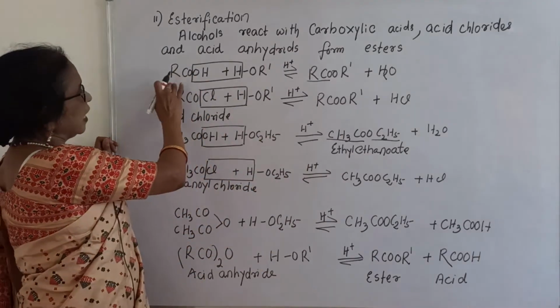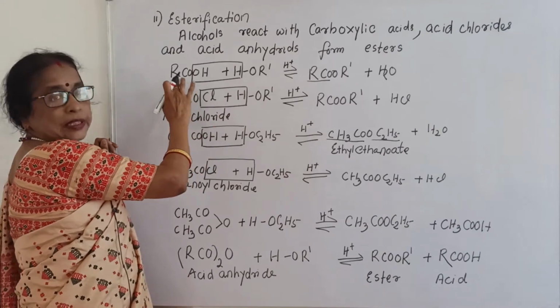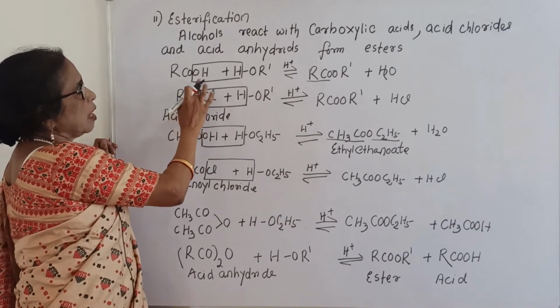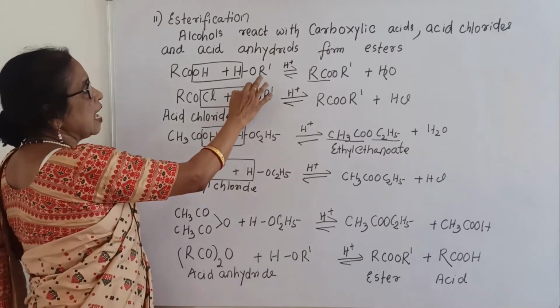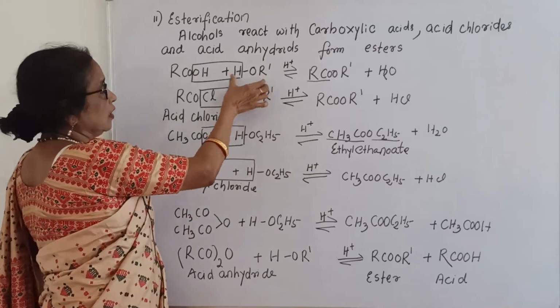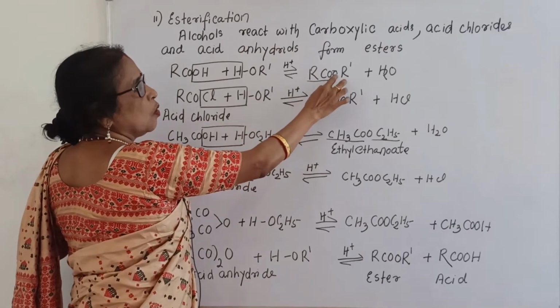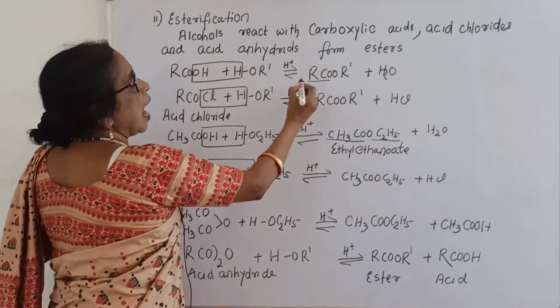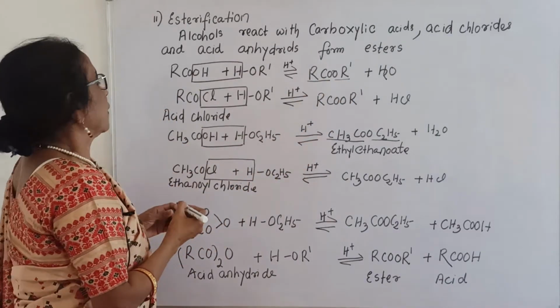Then again come to our reaction of alcohol with acid. This is the general formula of an acid, RCOOH, and this is R-OH, alcohol. What is the result? RCOOR'. That means RCO is the acid part, OR' is the alcohol part.